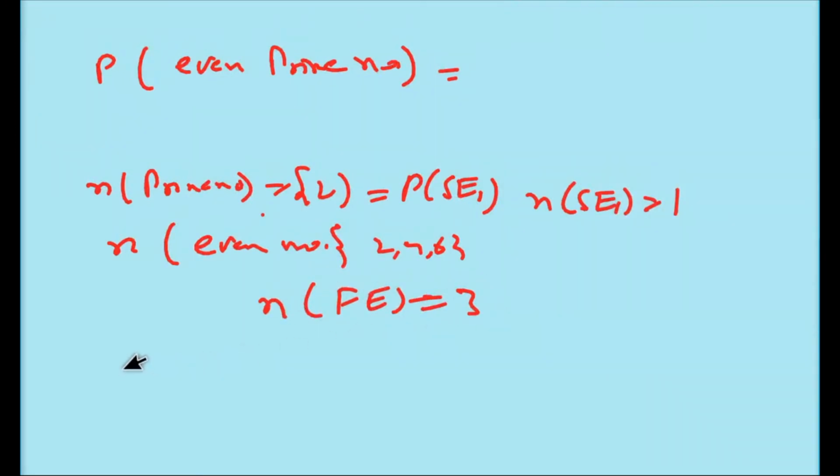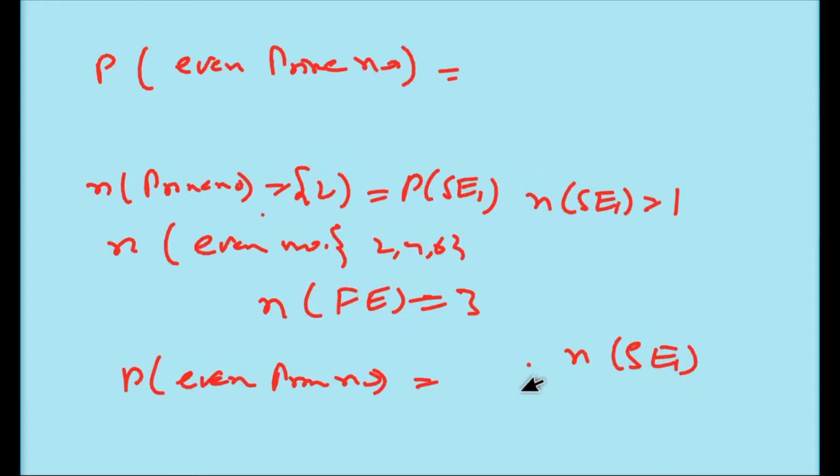So our probability of getting an even prime number is the number of required events, the second event, upon the number of the first event, which is 1/3.